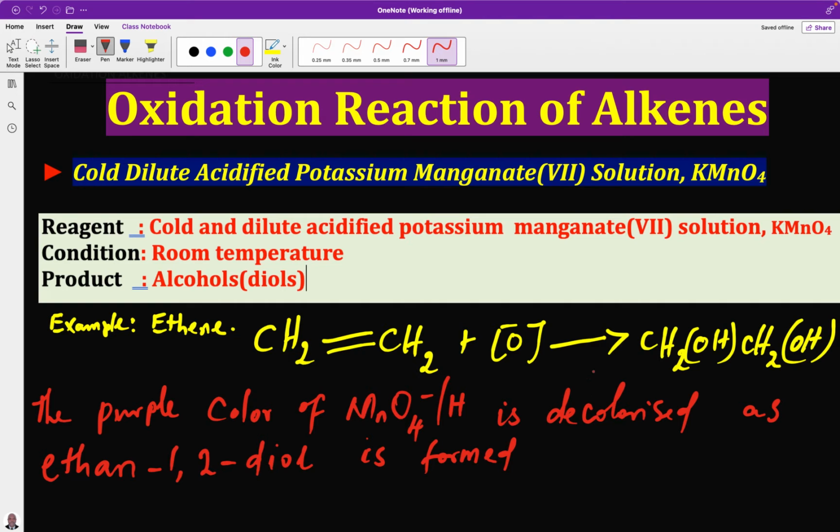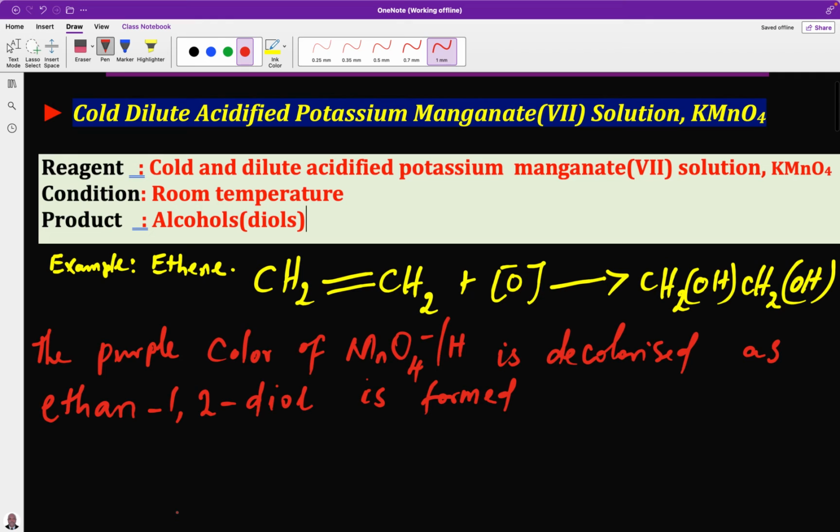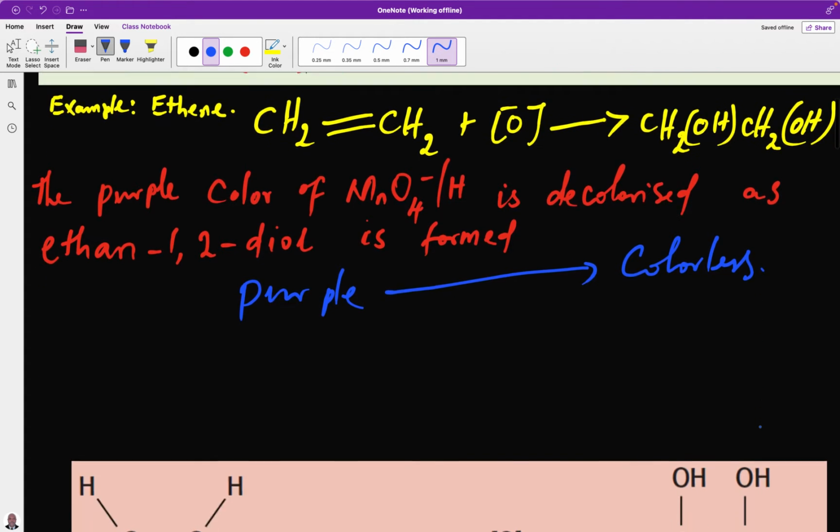So the purple color, when this is added, will go from purple to colorless. This is how the reaction is.